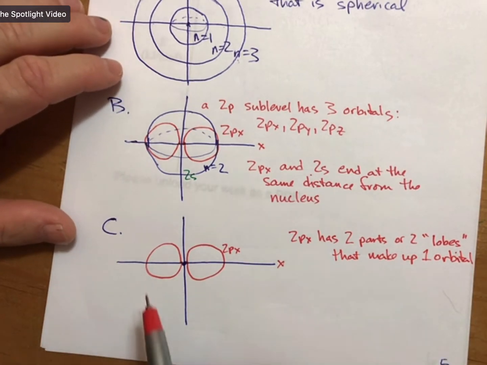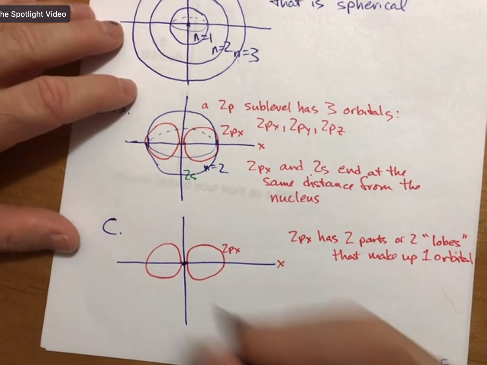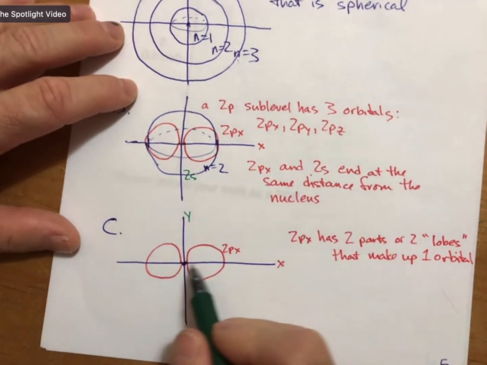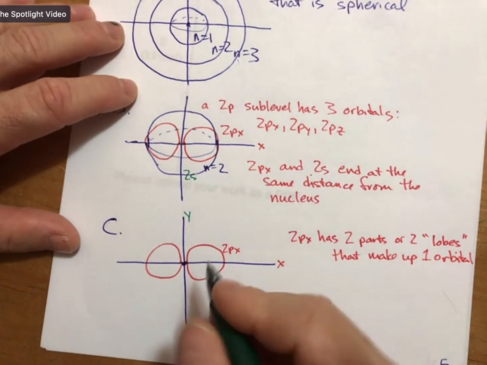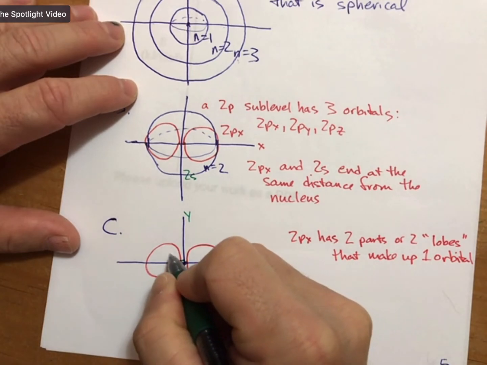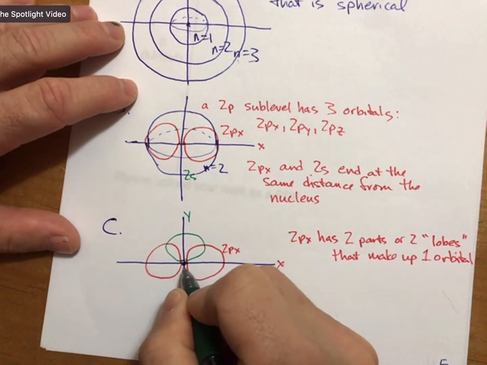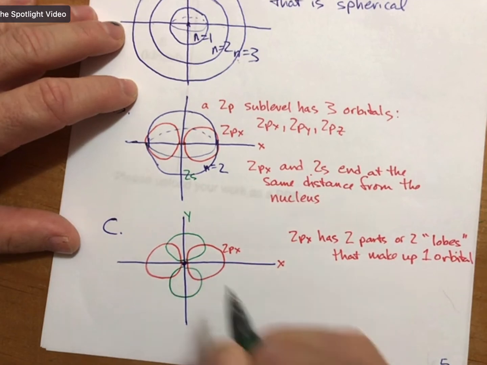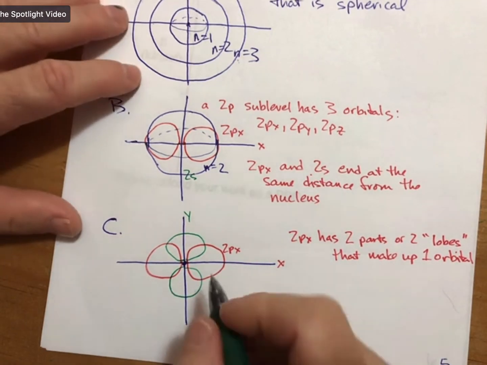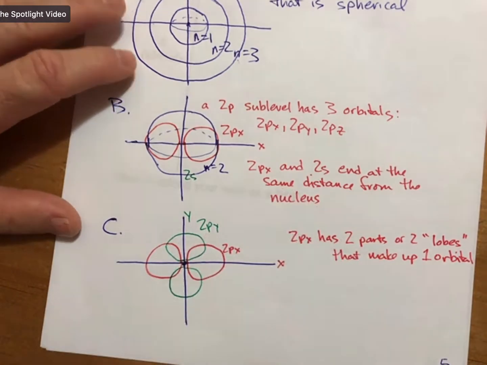And then, on the y-axis, we draw the exact same shape. Attempt to anyway. And this is going to be 2py.